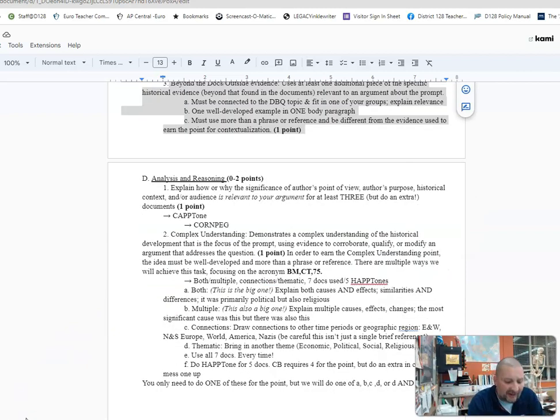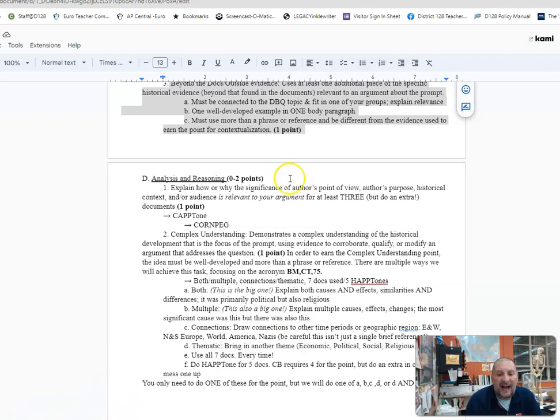Next, we're going to talk about analysis and reasoning. These are 2 separate tasks, so there's 2 completely separate things. The first one is what I call point of view, more often than not what we're trying to call CAPTONE-ing the documents. This is your deep dive analysis.